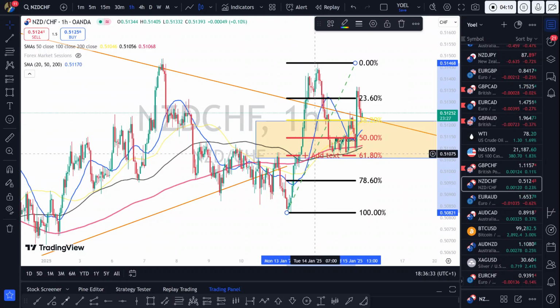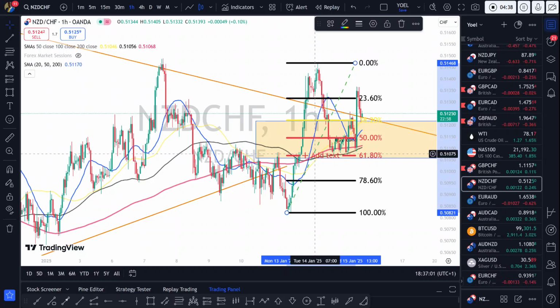The moment price starts dropping in that zone and gives me a bullish candlestick pattern, and I can see the moving average in that zone serving as my support for a bullish direction or resistance for a bearish direction, then I have a strong indication to pull the trigger and execute the trade.